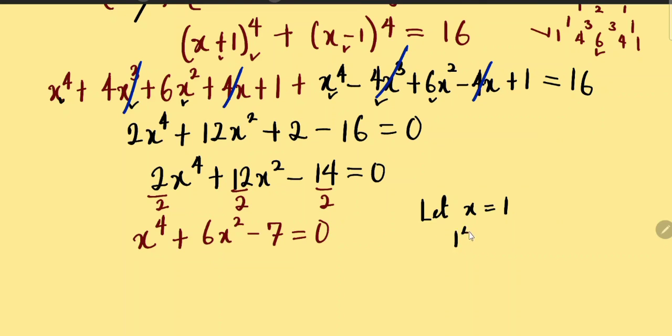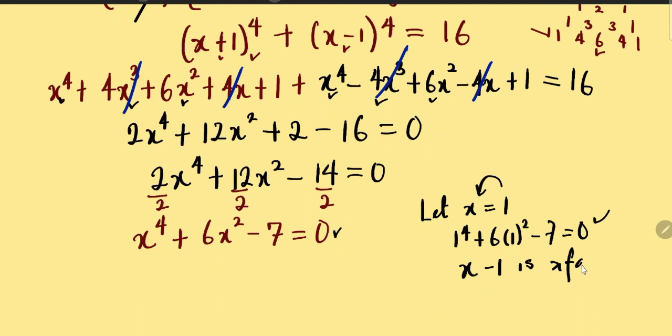So we have 1 raised to the power 4 plus 6 times 1 raised to the power 2 minus 7. Definitely this will be 1 plus 6, 7 minus 7, 0. So x equal to 1 is a root of this equation. If x equal to 1 is a root, then x minus 1 must be a factor.